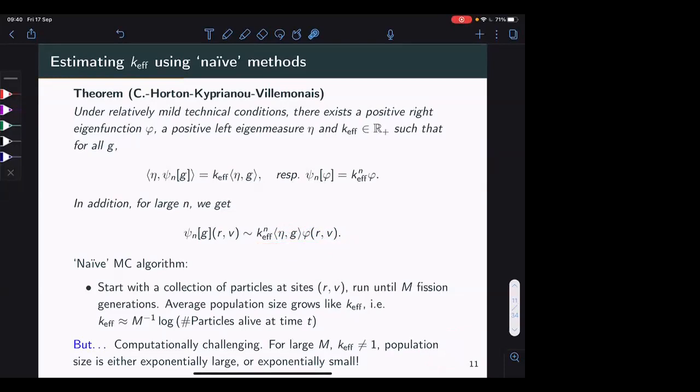If I want to run it for enough generations to get rid of the effect of this thing and any stochastic effects, either my population size keeps growing, in which case numerically I have to keep track of exponentially growing numbers of particles, or it gets exponentially small, and stochastic effects mean that things die out. So if I run it for large enough m, I'm going to have to run exponentially many simulations to get some that survive. Computationally, that's just not going to work.